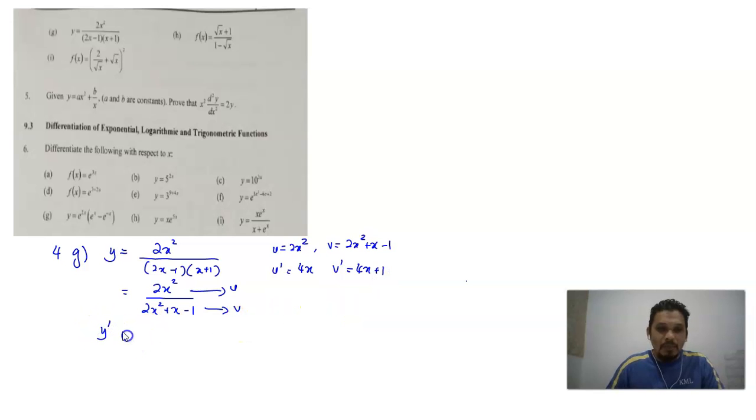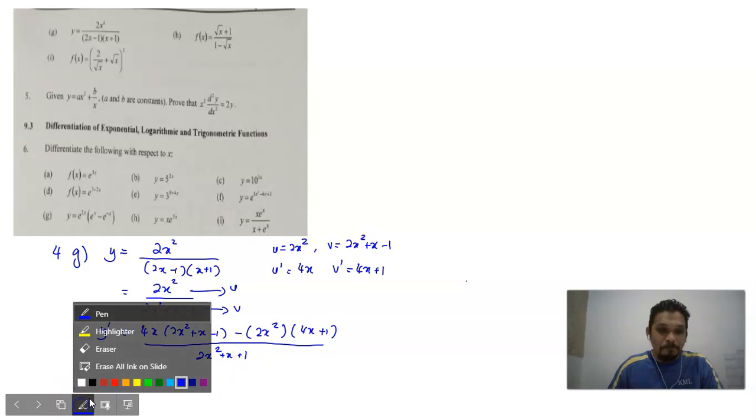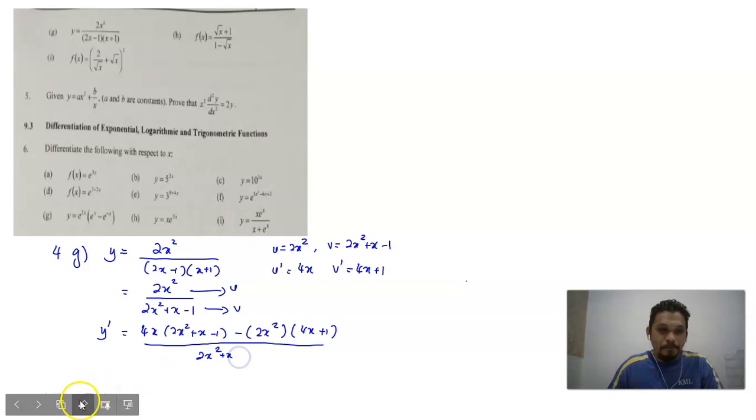Then dy/dx equal to u prime 4x and v, 2x squared plus x minus 1, minus u, 2x squared, and v prime, 4x plus 1, and everything divided by v squared, v is 2x squared plus x, or no, minus 1, in bracket squared.